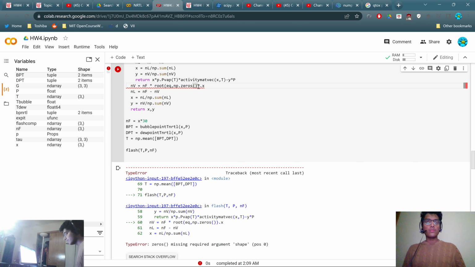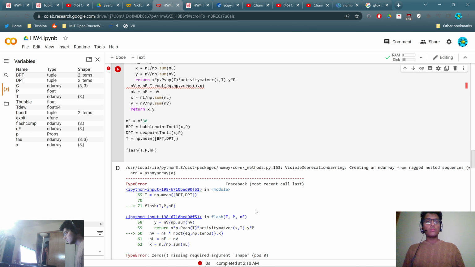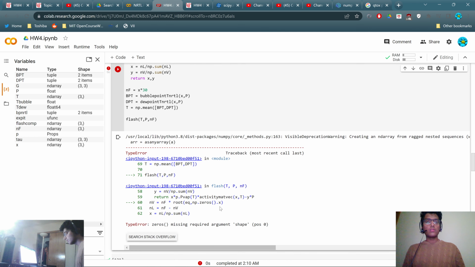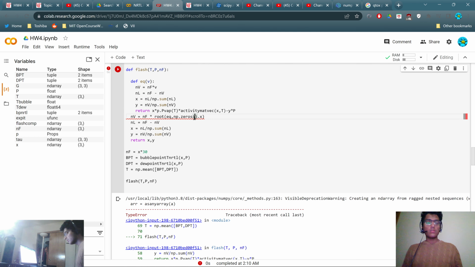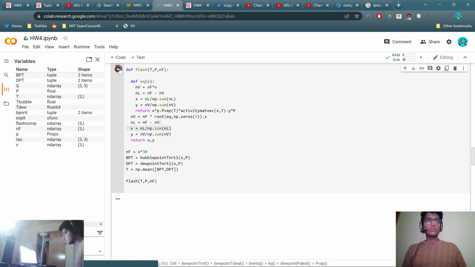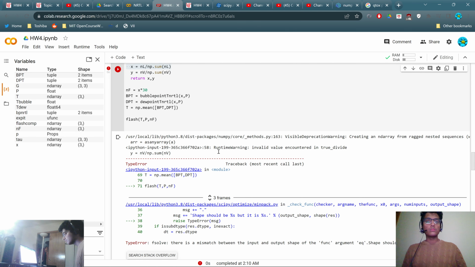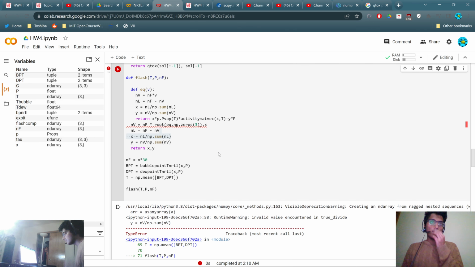Shouldn't this shape just be dot x? There's a mismatch between input and output type.